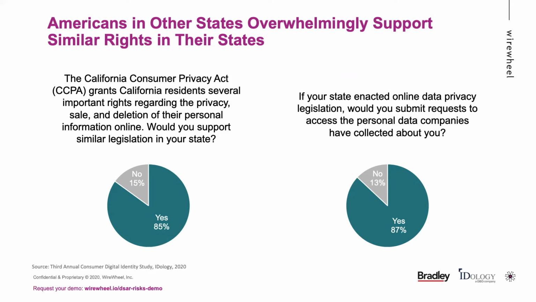So as things are progressing now, we don't see that as happening at a national level. Nonetheless, 85% of non-Californians say they would support similar legislation as CCPA, and 87% said they'd make these kinds of requests. So we did not dive into the intensity of that interest or whether or not people are going to really feel strongly about voting for it. Nonetheless, it is still a consideration as we look into the long term and what we can expect.